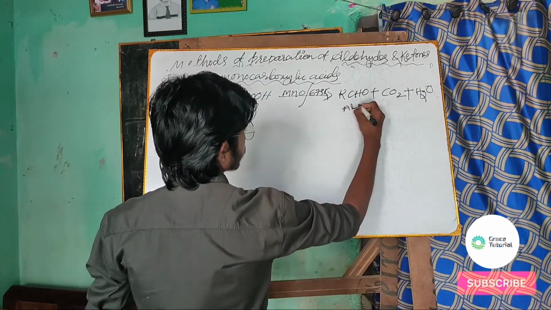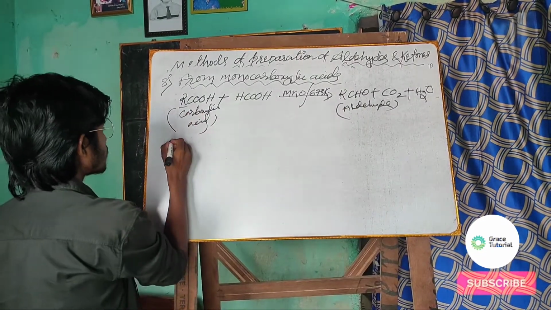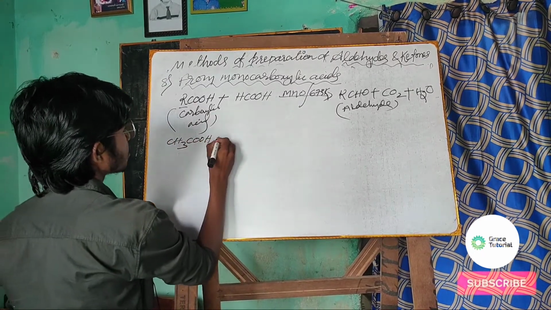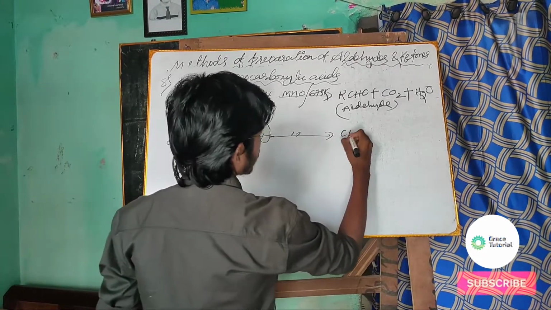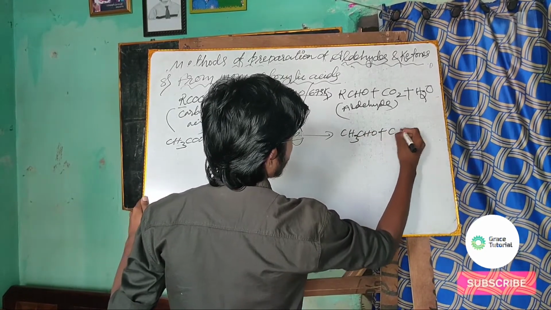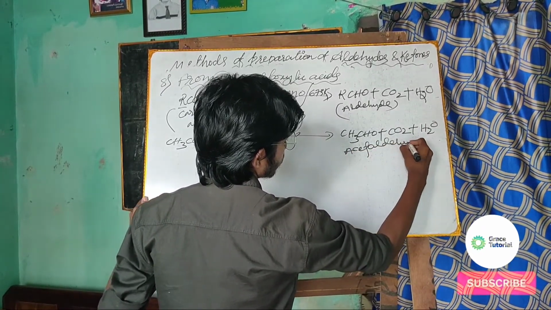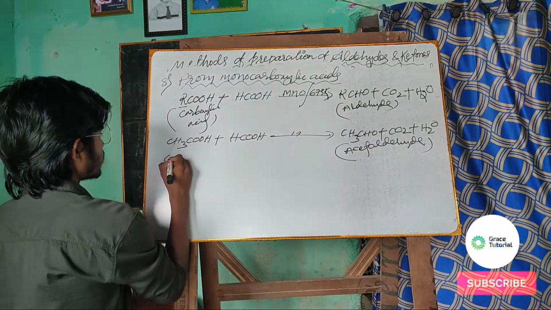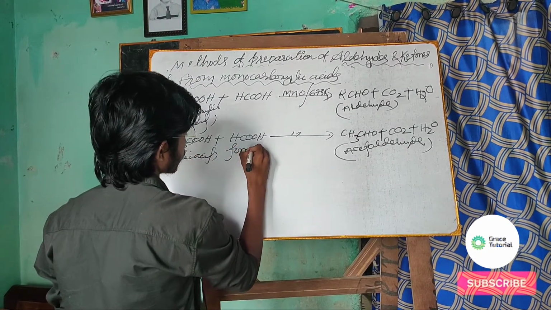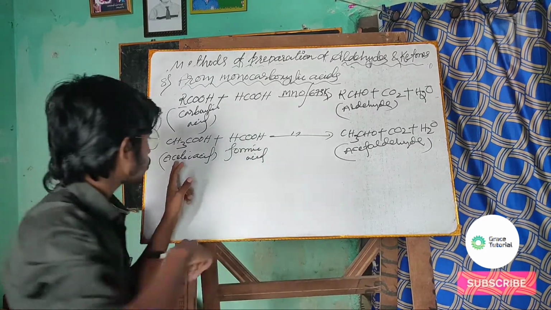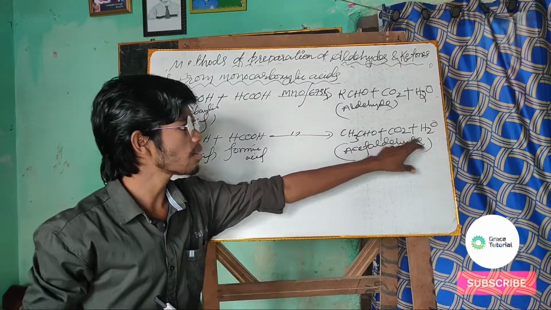So this is the aldehyde. For a specific example, R means CH3, that is CH3COOH, acetic acid, and when it reacts with HCOOH, formic acid, with the same manganese oxide at 673 Kelvin, it results in CH3CHO, acetaldehyde, along with carbon dioxide and water.